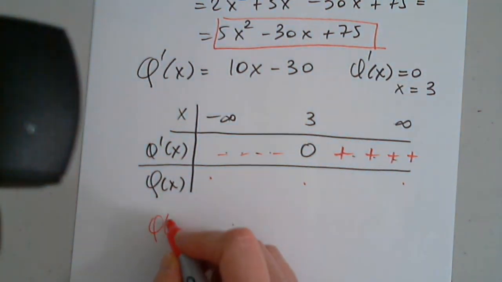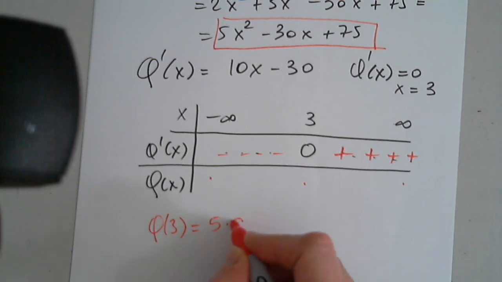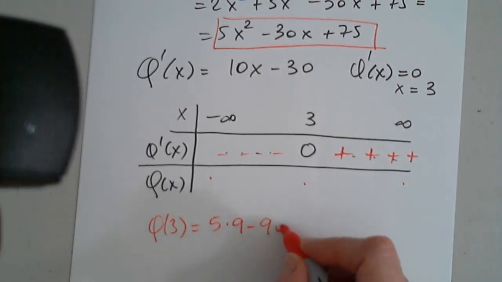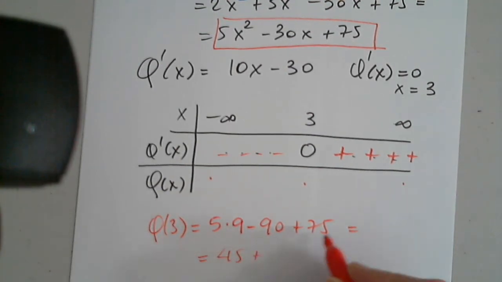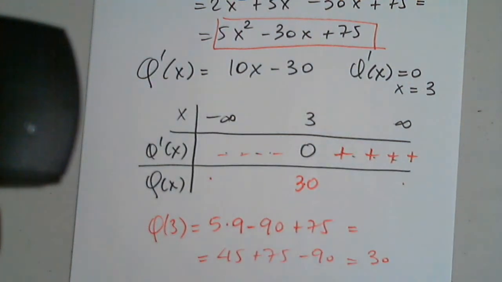So q of 3 is 5 times 9 minus 90 and plus 75. So 45 plus 75 and minus 90. So what is this? 120 minus 90, I think, is 30. Correct me if I'm wrong. But I need the limits.